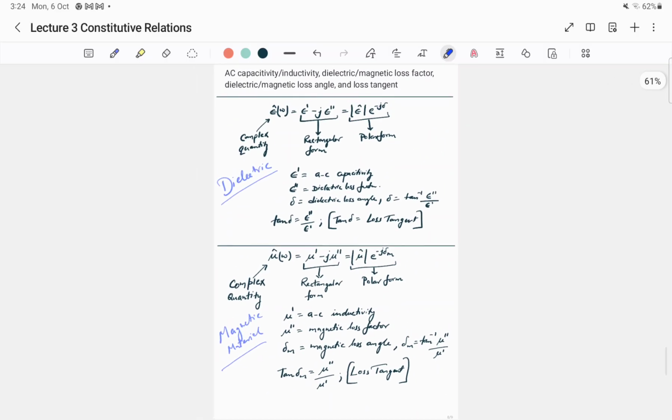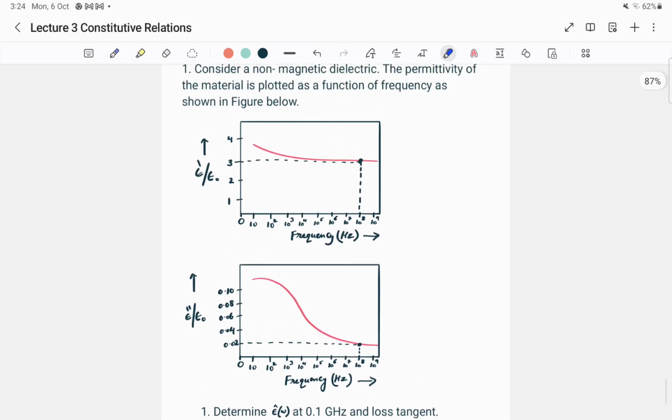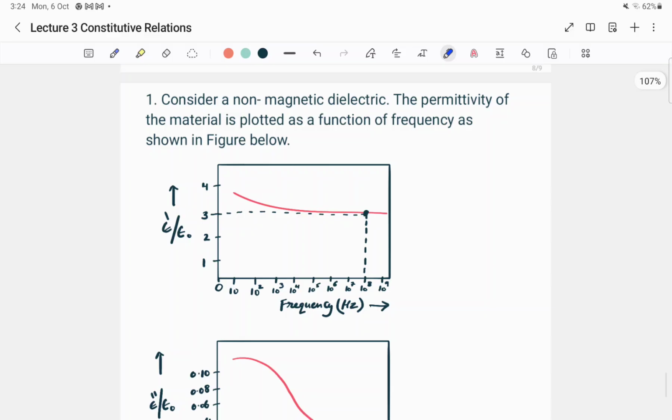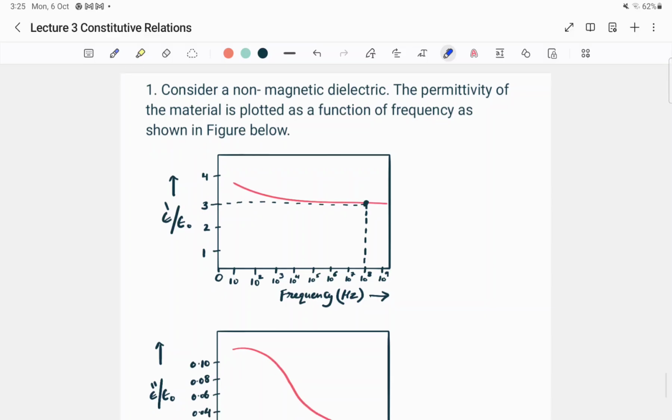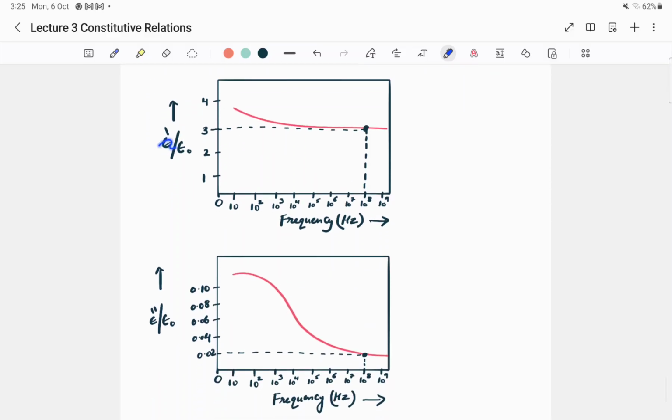I hope you have understood this lecture. At the last, I have one GATE level question for you. The question says, consider a non-magnetic dielectric. The permittivity of the material is plotted as a function of frequency as shown in the figure below. In this figure, epsilon prime divided by epsilon naught, that is normalized epsilon prime with respect to free space permittivity, has been plotted here.